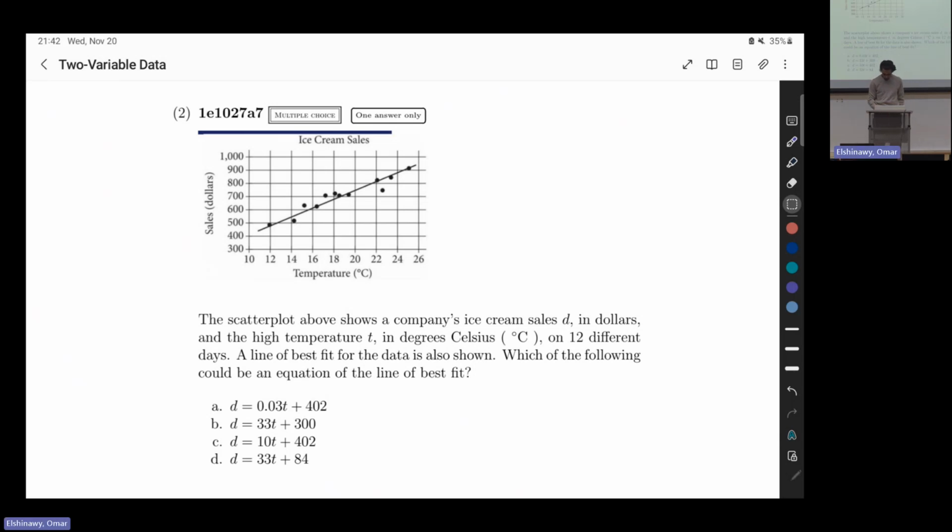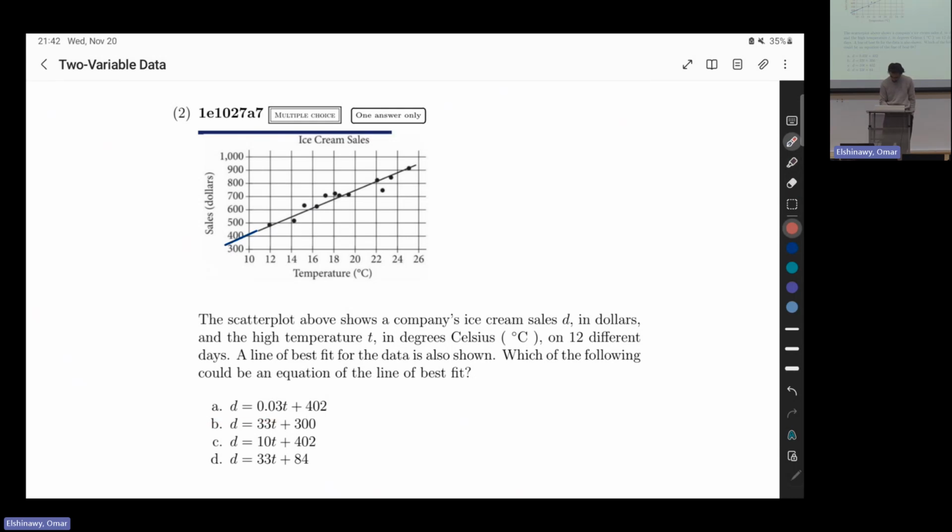So we've done linear functions. We know that any linear function is defined by two things. Number one, the slope. Number two, the y-intercept. So if I look at this function and see roughly where it intercepts the y-axis, then it's clear to me that the answer is definitely not 300.